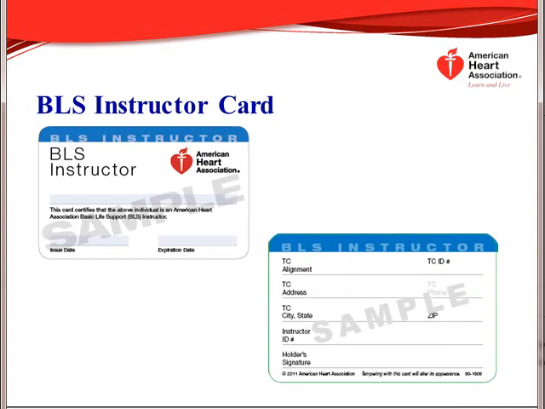On the back of the card, space was added to include the Training Center ID number. And the course location data field was removed and replaced with a space to fill in the Instructor ID number. A revised merged document template used to fill in the data fields will be available to Training Center coordinators on the Instructor Network website in late March 2011 when the course is available for purchase.